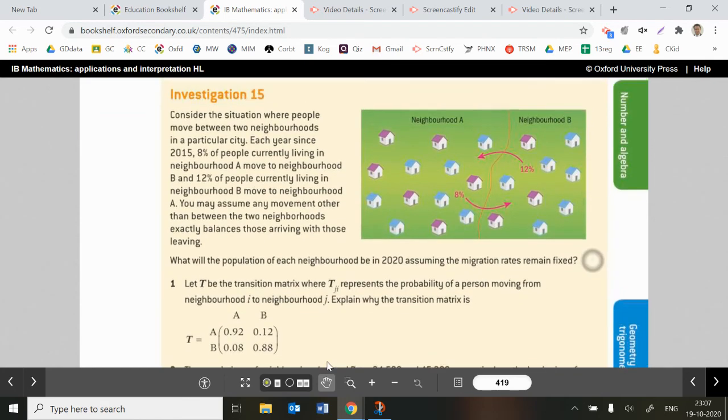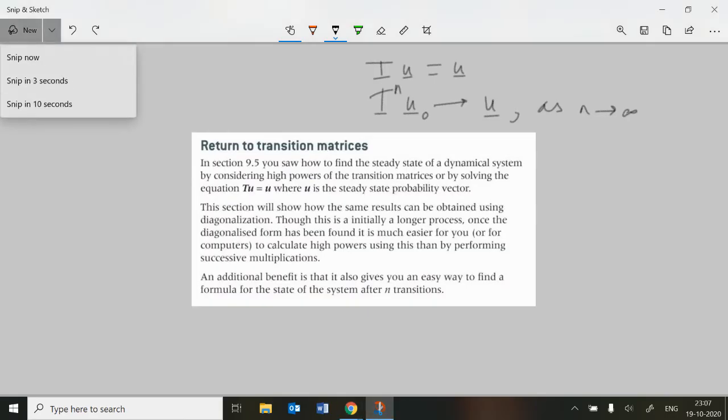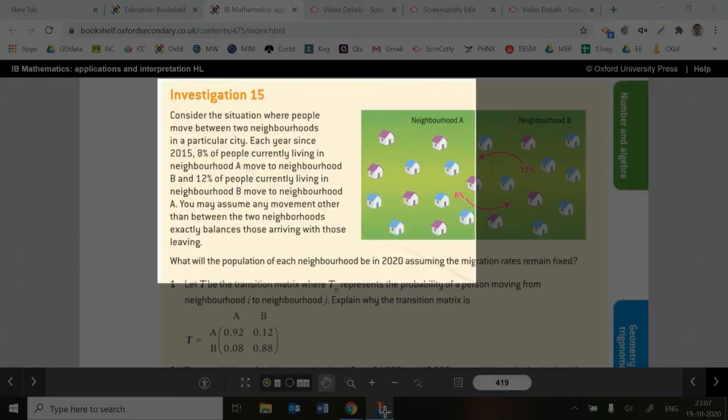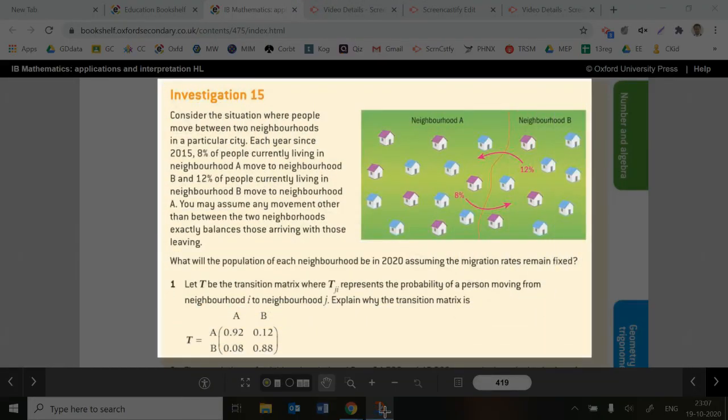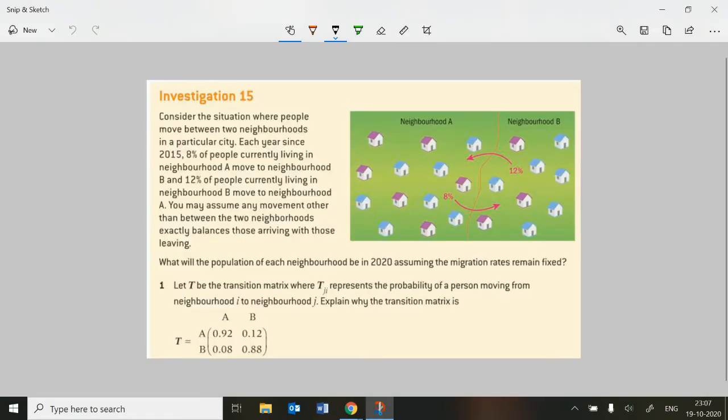So if we have a look at this one here, let's just make some sense of this. They're talking about different neighborhoods and people switching between neighborhoods over years, and this is what's been happening since 2015. They said, well, look, 12% of all people from neighborhood B move across to neighborhood A each year, and 8% go the other way.